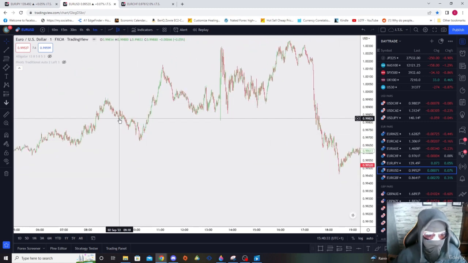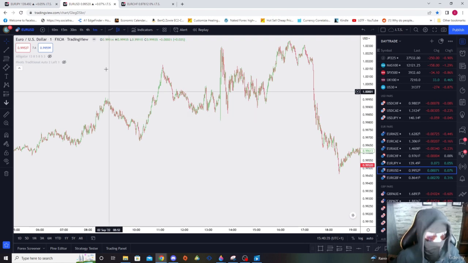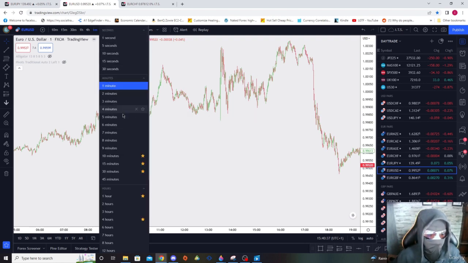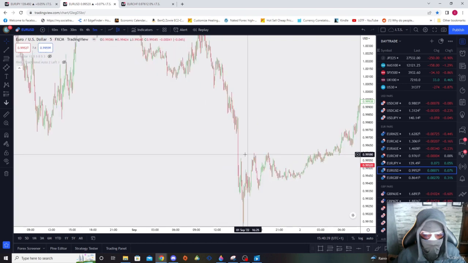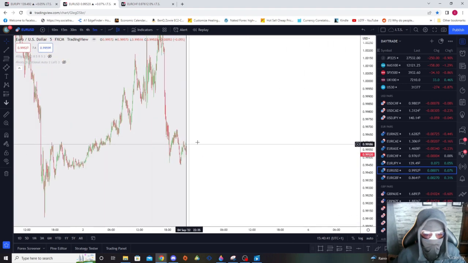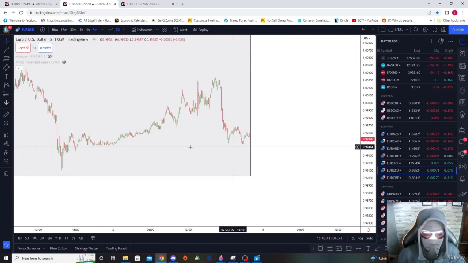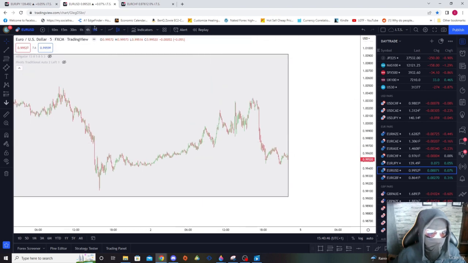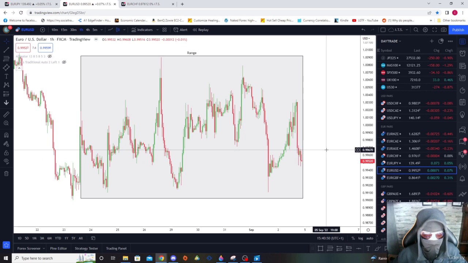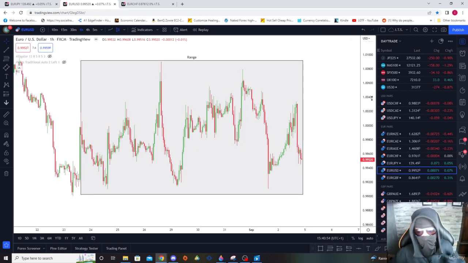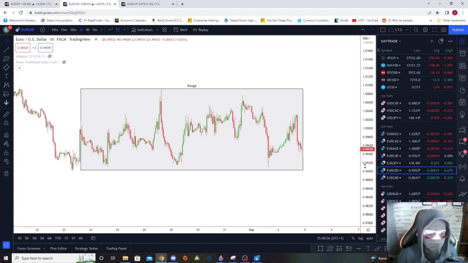But you can see here, if you're on a 1-minute, it's a downtrend. But if you zoom out to a bigger time frame, like the 5-minute, you're going to see this as an uptrend. But if you zoom out to the 1 hour, you're going to see that all it is is a range. Right? So that's the importance of time frames and using them to develop your market bias.